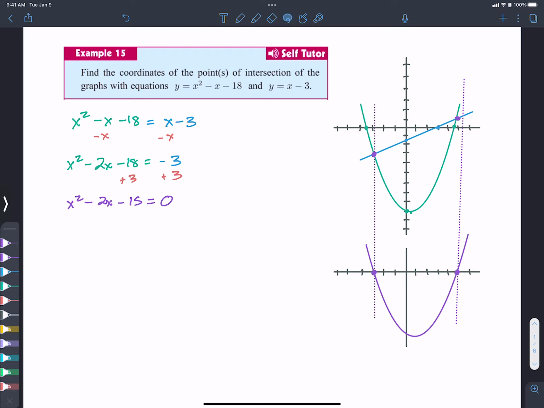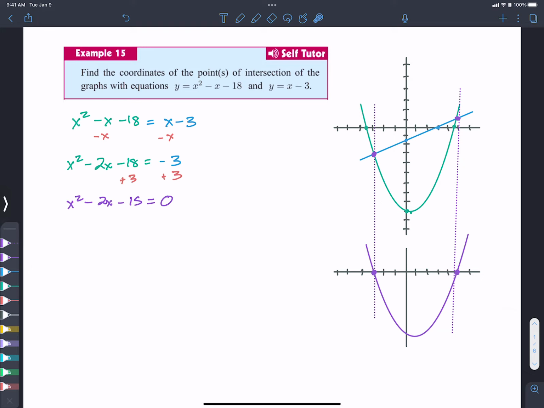What happened is I've just created a brand new equation that has x-intercepts that correspond to where these two cross each other. My scale is off just a little bit, but I'm basically working with this new quadratic. I don't care what this quadratic actually looks like. I'm just using this method to find where these two points cross the x-axis because I know that these two things line up where these correspond.